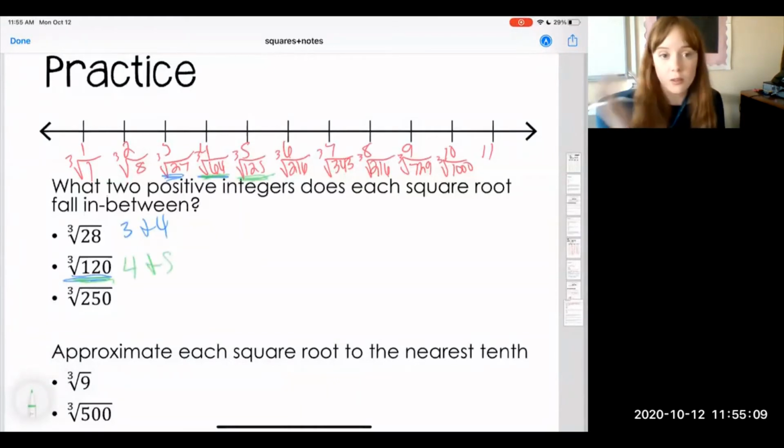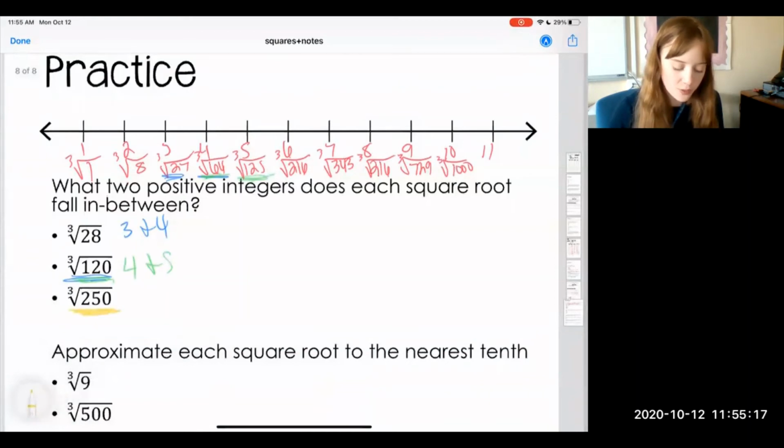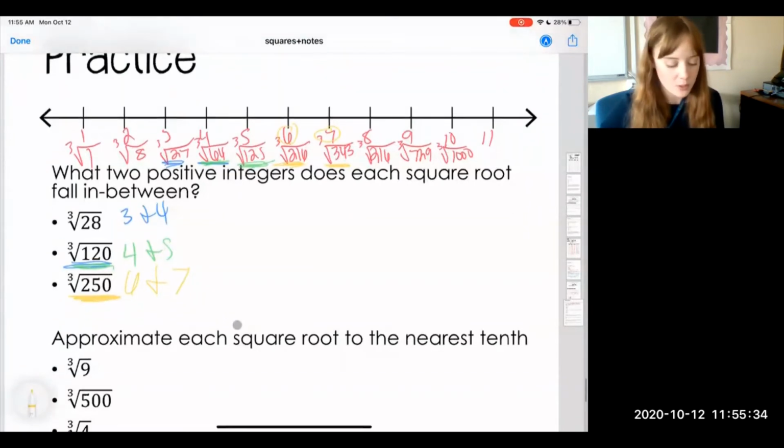It falls in between the cube roots of those numbers. The next one is the cube root of 250, which falls somewhere between the cube root of 216 and the cube root of 343, which is between 6 and 7, because that's the actual cube roots.